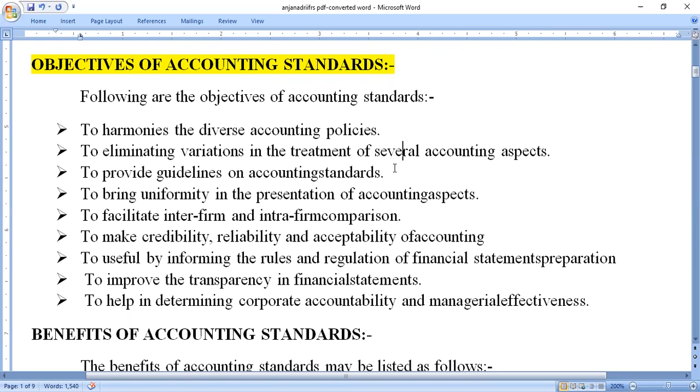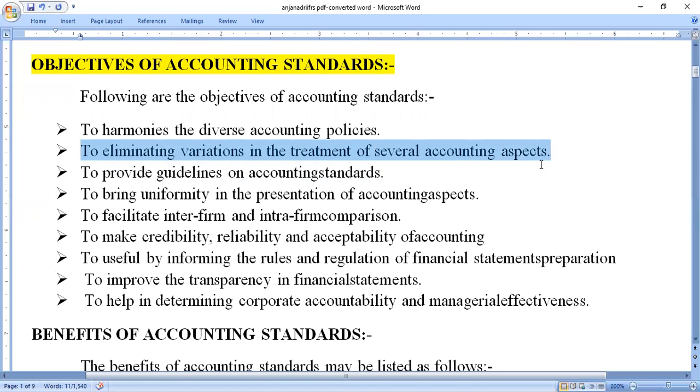Therefore, it is the basic objective of accounting standards to standardize or harmonize the different accounting policies into a single accounting policy. This is the first objective. And the second objective is to eliminate the variations in the treatment of several aspects.